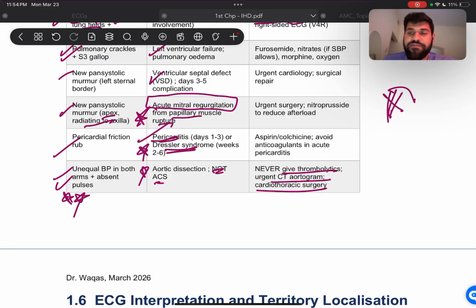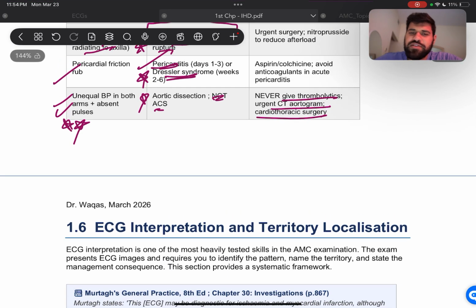So if their blood pressure is very, very high, we have to give them IV labetalol or IV beta blockers to lower that blood pressure, and then we can send them off. All right. I've seen, I think, 3 questions for just this, giving IV labetalol or IV beta blockers to the patient with aortic dissection. All right.